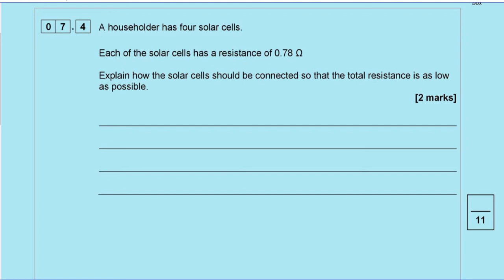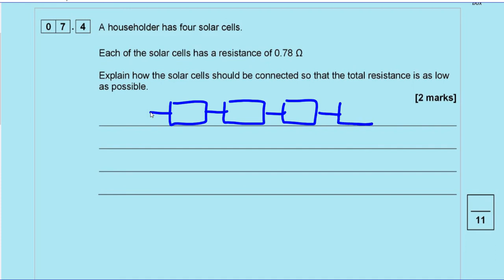You can connect them up in series, or you can connect them up in parallel. And hopefully you've remembered that if we connect things in series, one after the other, so if I had the 4 solar cells like this, then putting them in series basically means their resistances add together. So I'd have 0.78 plus another 0.78 plus another 0.78 plus another 0.78.